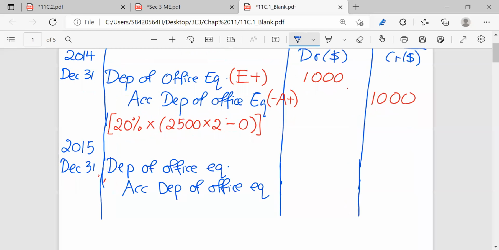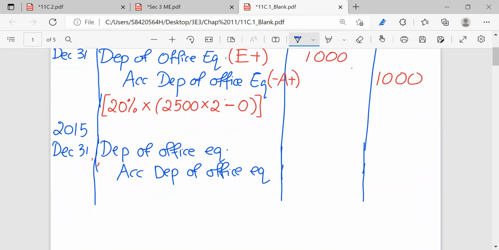In the second year, you have 3 equipment, so you can depreciate them together or depreciate them separately.